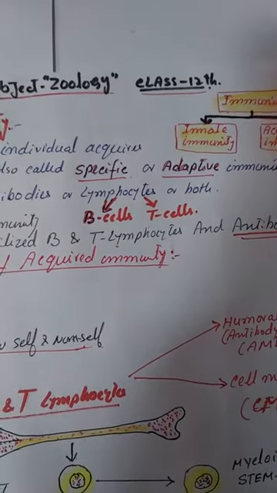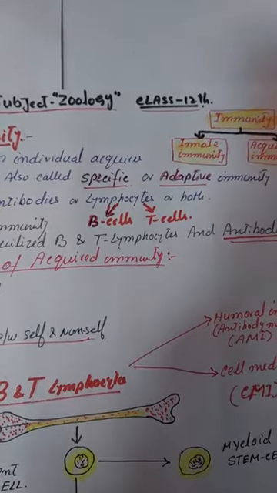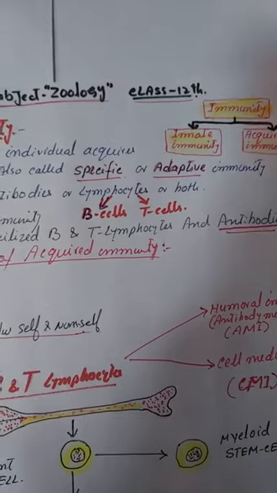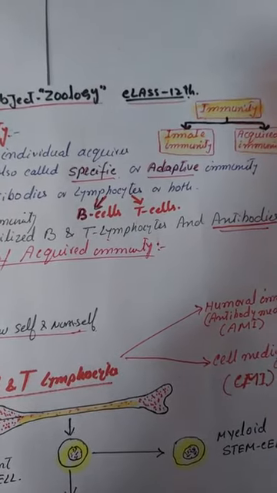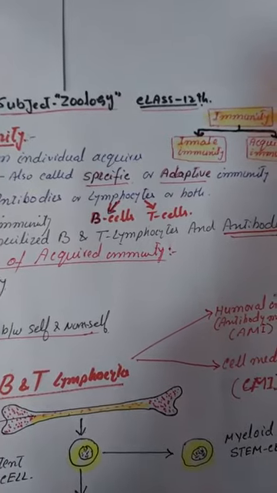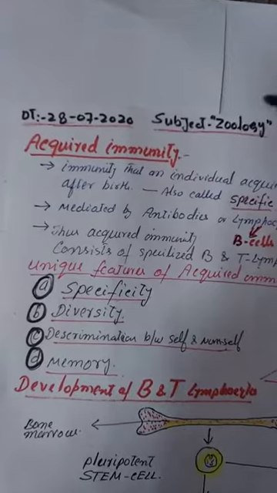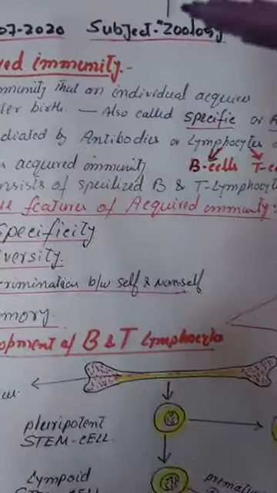Now, these barriers are physical barriers, physiological barriers, cellular barriers, and inflammatory barriers, about which we discussed in detail in our previous lesson. In today's lesson, we will discuss the second type of immunity, that is acquired immunity.